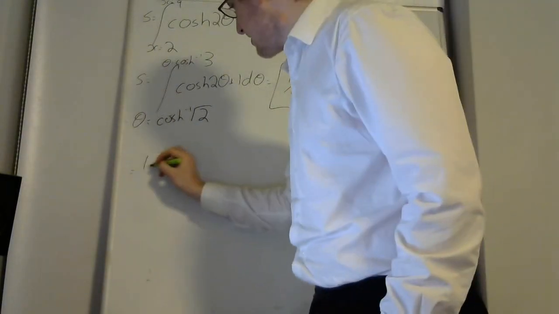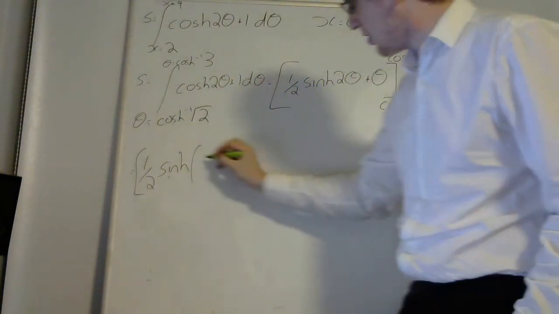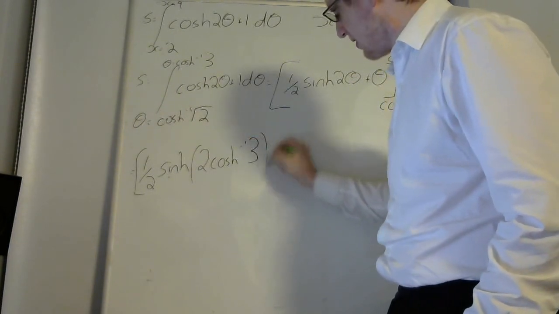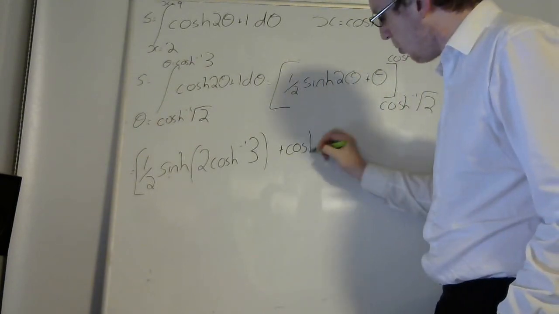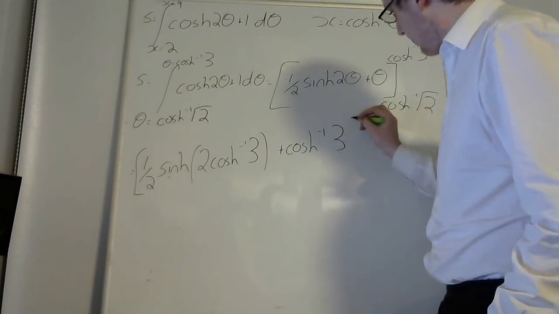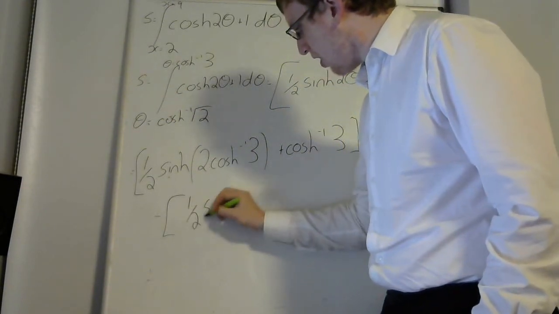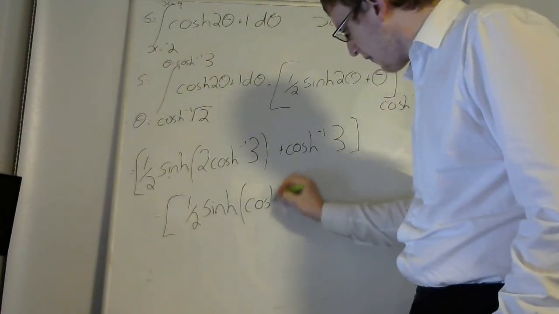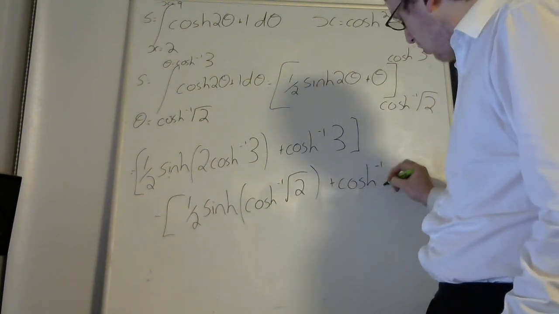So that's a half sine of 2 cos minus 1 of 3, plus cos minus 1 of 3, and we know what that is from part B, minus a half sine cos minus 1 of root 2, we don't know what that is, plus cosh minus 1 of root 2.